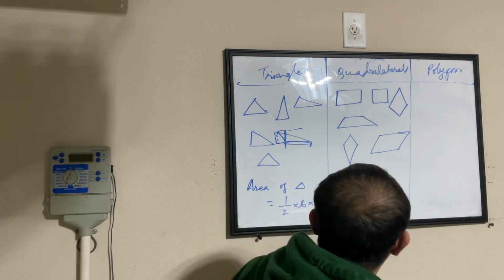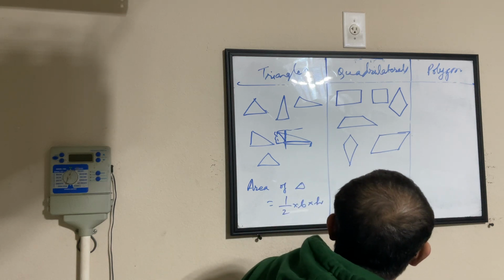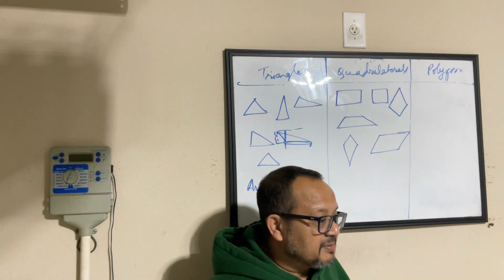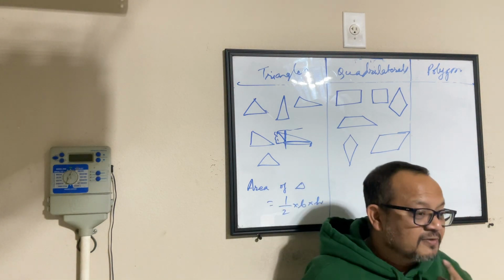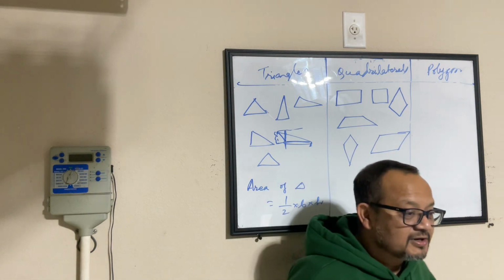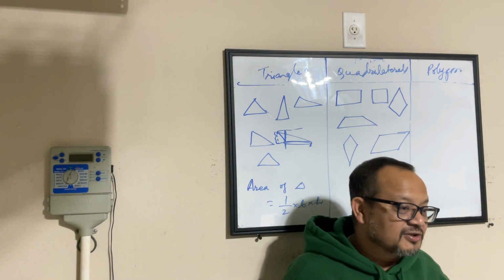I think that's it. So you're talking about 6 shapes. I wish there was one formula for telling you what will be the area of a quadrilateral. Unfortunate fact is there is none.